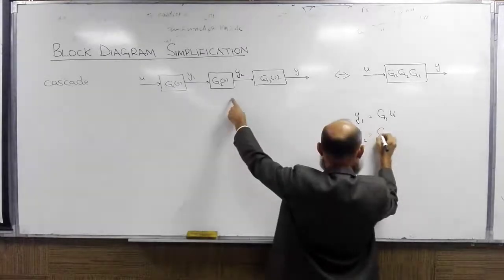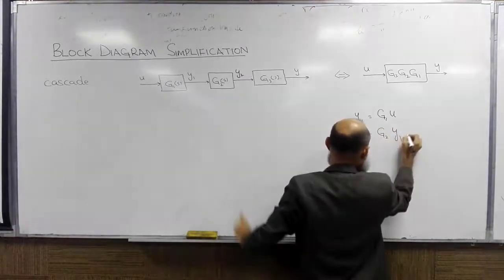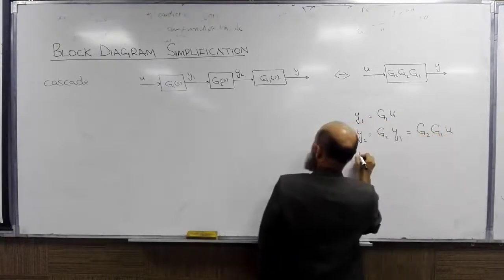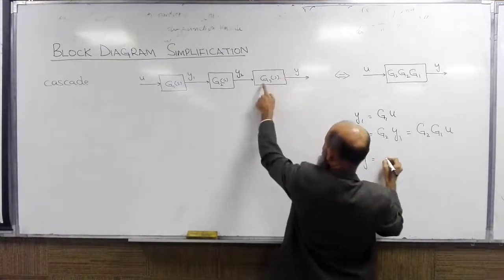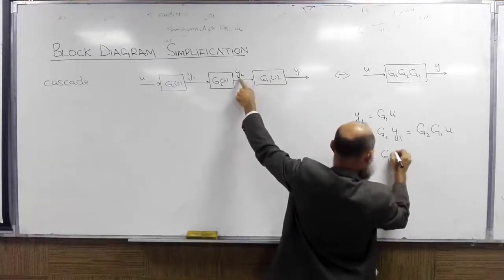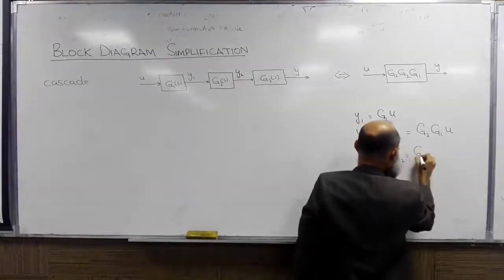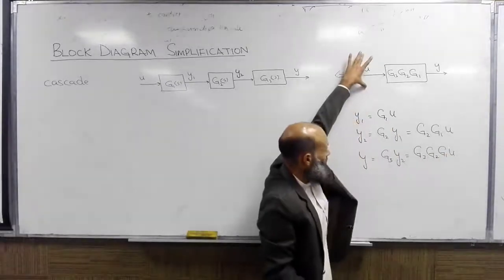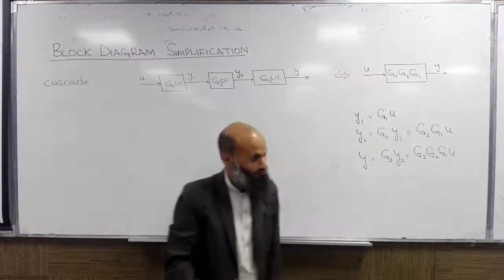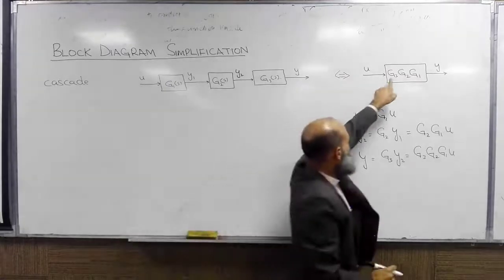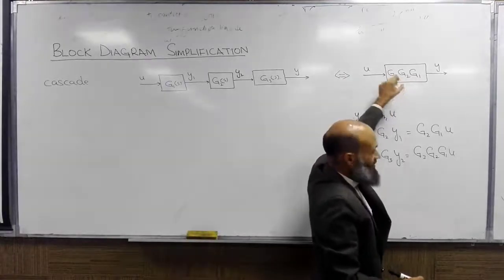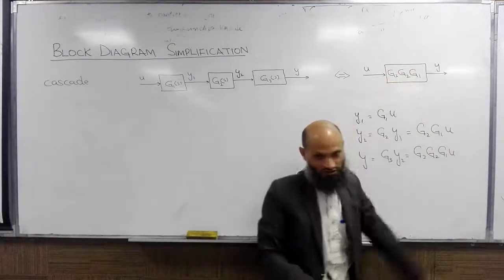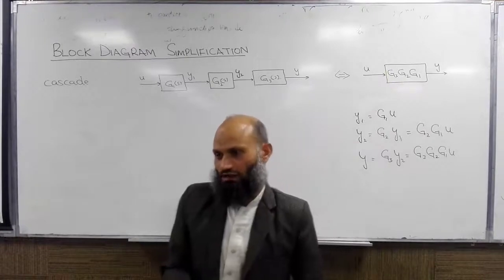Output Y2 is G2 multiplied by Y1, which is equal to G2 multiplied by G1 into U, and the output Y is G3 multiplied by Y2, which is G3 G2 G1 U, and that is what we obtain from the single block diagram. Since we shall be dealing with single input single output systems, these are scalar transfer functions, and the order of multiplication will not be important.